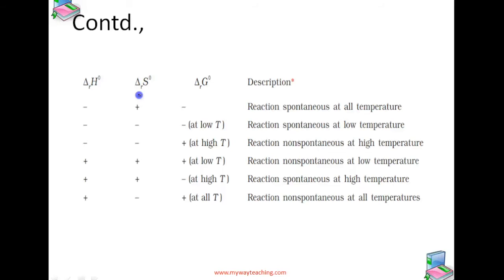So, with a total pressure of 1 atmosphere, the partial pressure of NO2 is equal to 1 divided by 1.5 into 1 atmosphere.